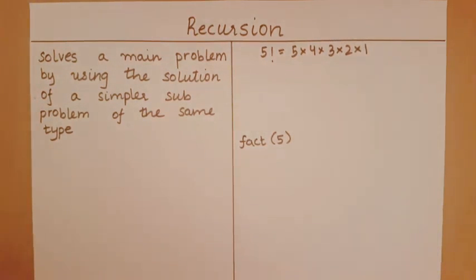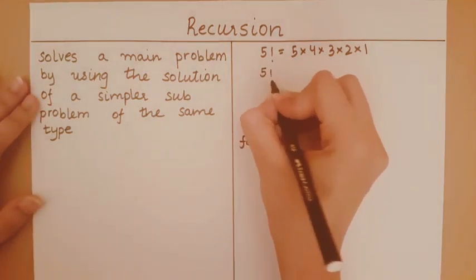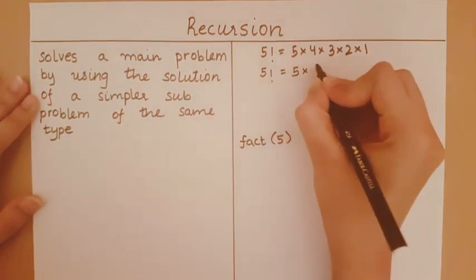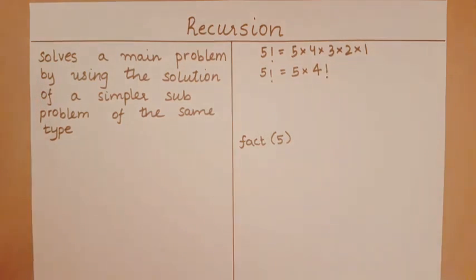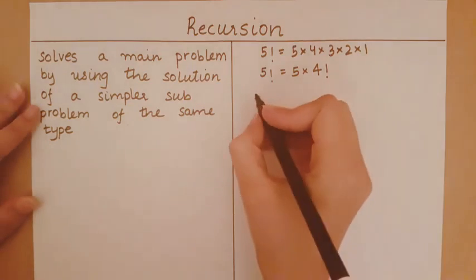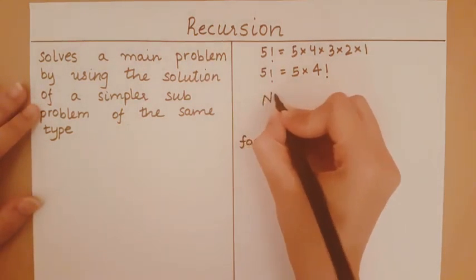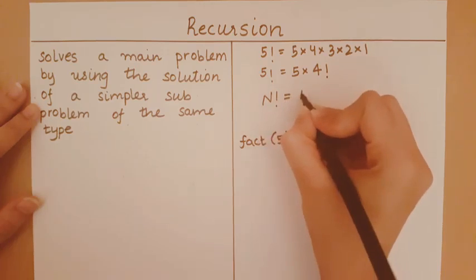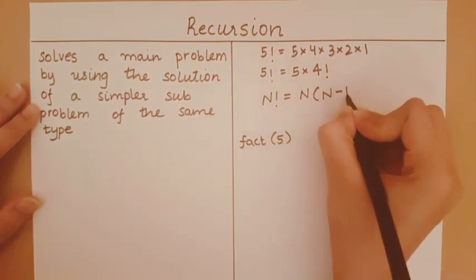Now, this 5 factorial could also be written as 5 into 4 factorial. Now, it is easy to ascertain that for any n, n factorial will be n into (n minus 1) factorial.